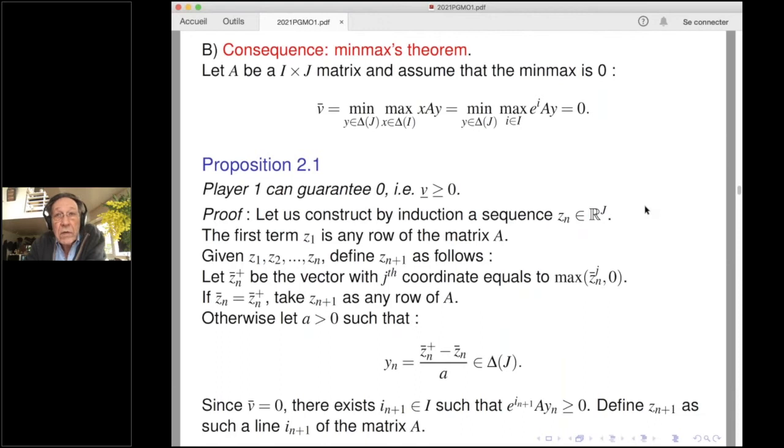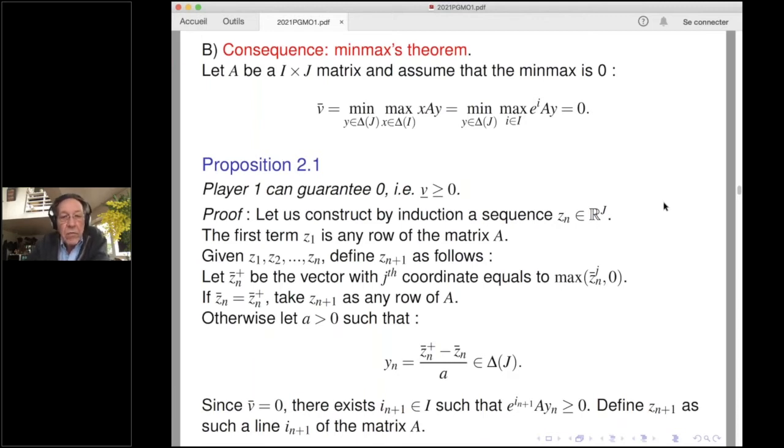The consequence of this lemma will be the min-max theorem. So I take a matrix A and I assume that the min-max is 0. So it means that the minimum on y, maximum on x of x A y is 0. So it means that player 1 cannot get more than 0.